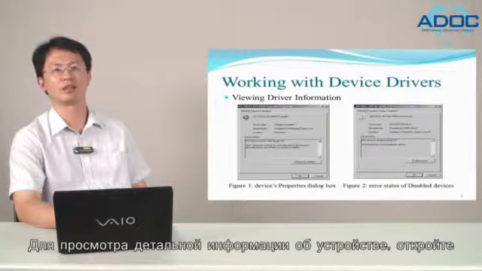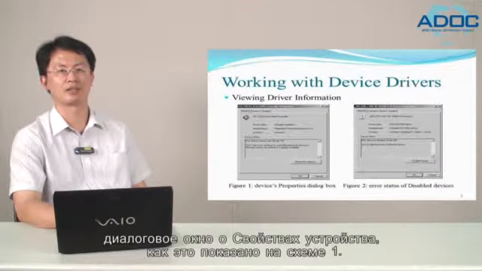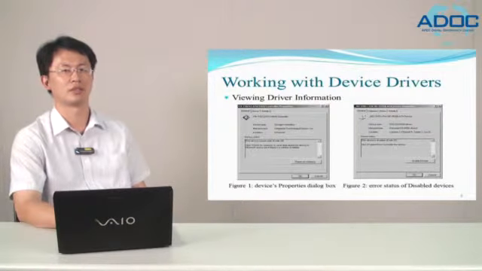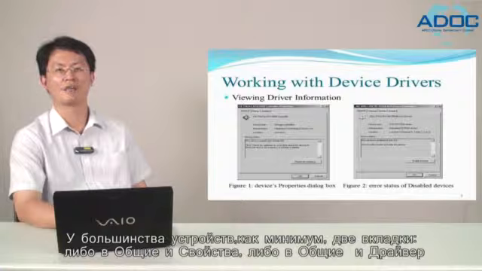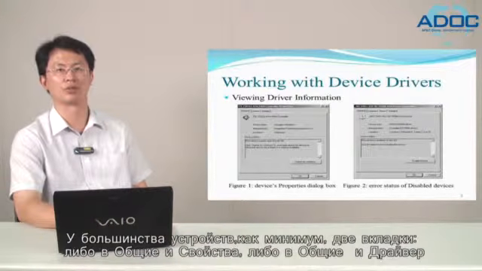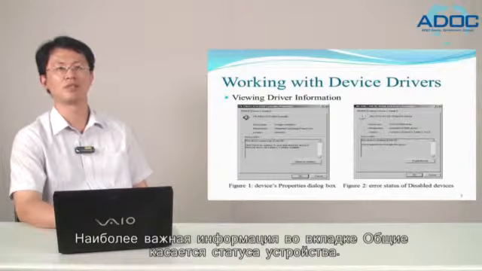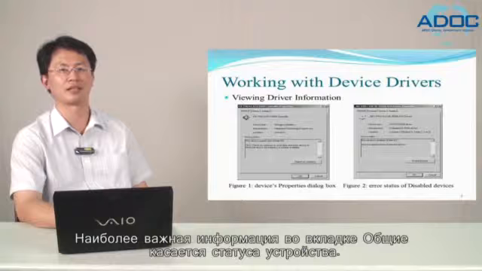And to view the detailed information about a device, open a device properties dialog box, as shown in the figures. Most devices have at least two tabs, either General and Properties, or General and Driver. The most important information on the General tab is the device status.